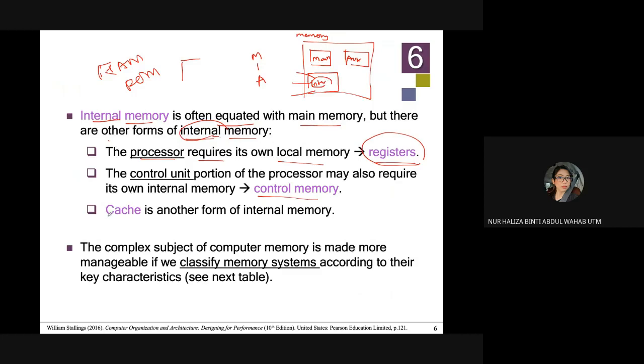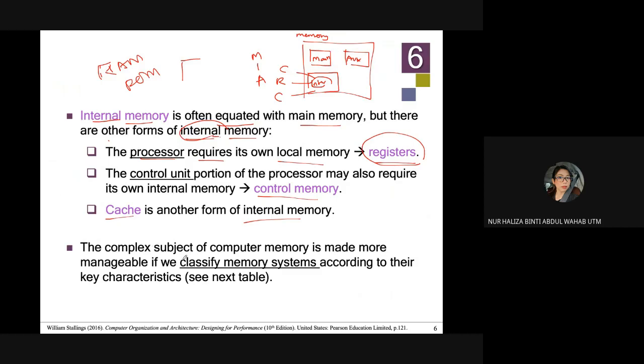And another one is your cache, another form of internal memory. You have three: cache, register, control. So I guess a lot of new terms about memories are learned today.